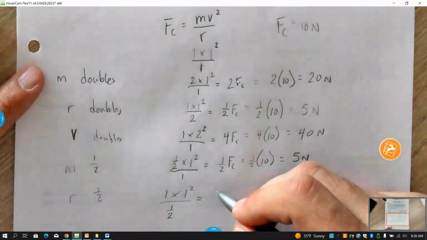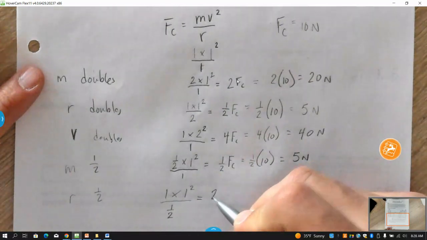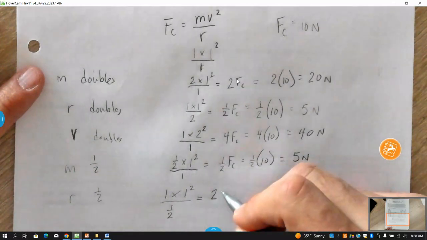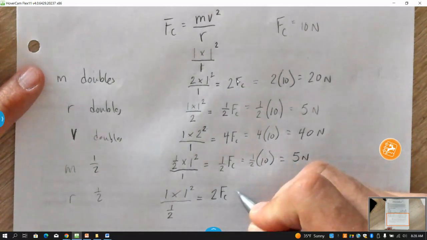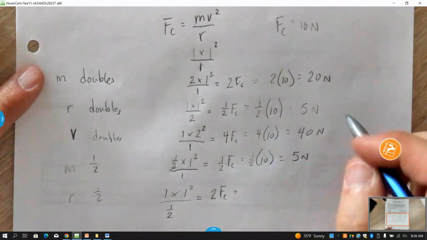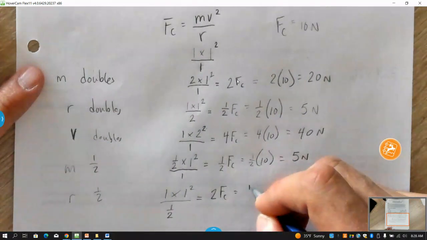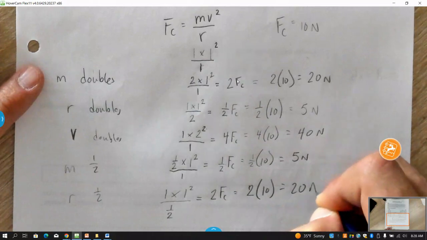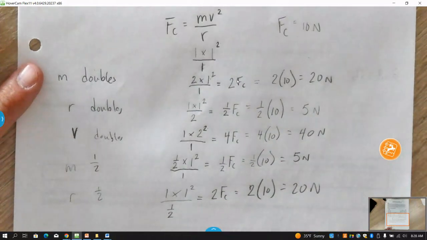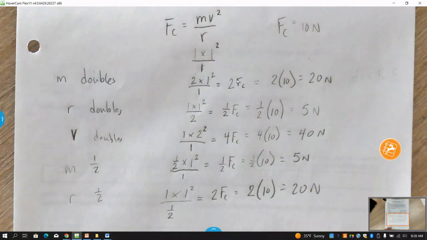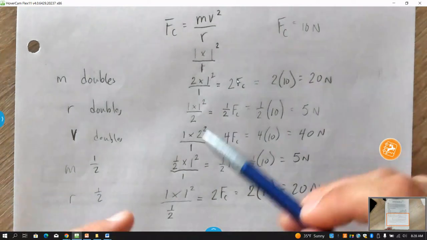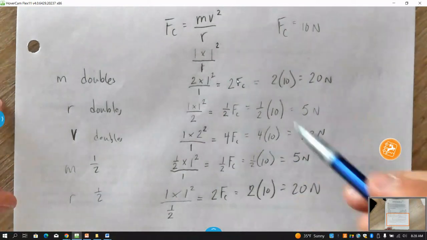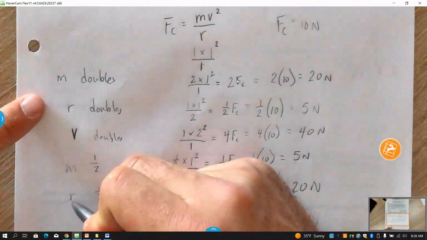And 1 divided by 1/2, when you type it into a calculator, or you don't need to, that becomes 2. 2 times the centripetal force. And so if the original force was 10, 2 times 10, 20 newtons. And if you had other ones that had combinations, you just play around with them and simplify at the end.